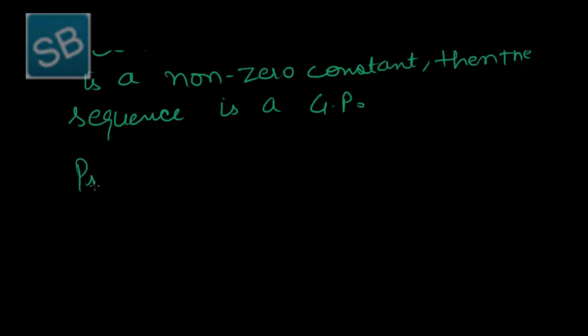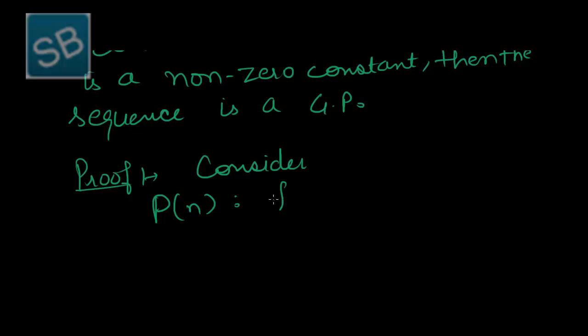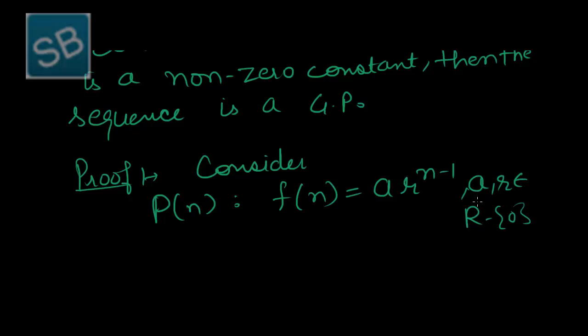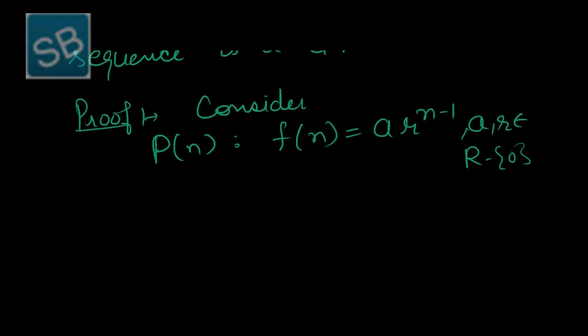Now the proof is: we will prove this result by principle of mathematical induction. Consider P of n: f of n is equal to a r raised to n minus 1, where a, r belong to R minus 0, that is a and r are non-zero constants, where a is the first term and r is the common ratio.